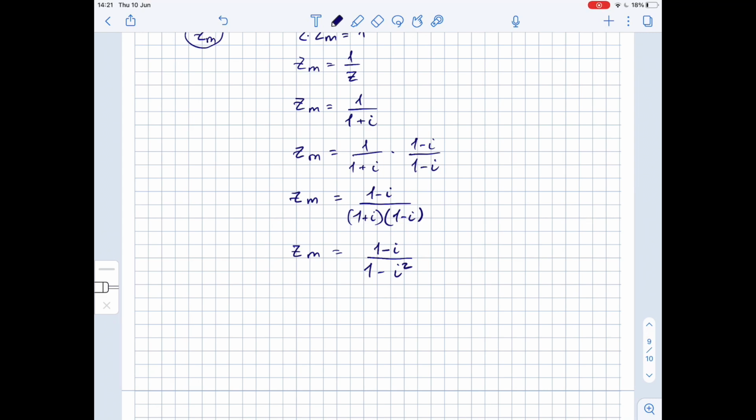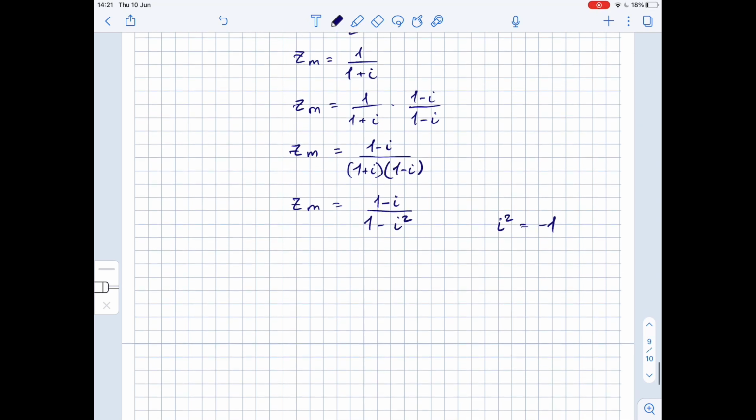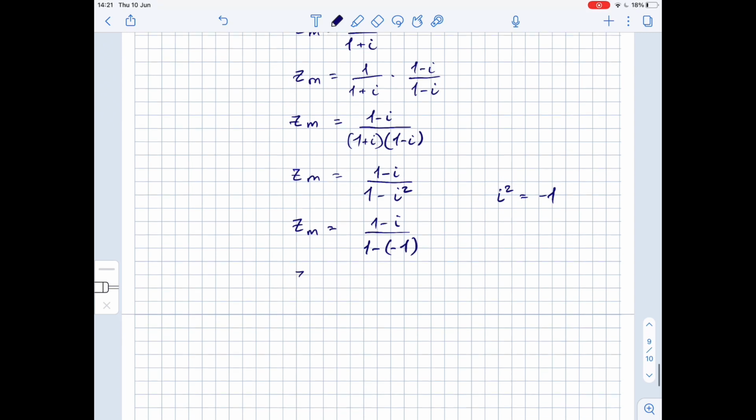And we know that i squared is equal to negative 1. So we can substitute negative 1 for i squared, and we will get that z^-1 equals 1 minus i over 1 minus negative 1. So that means that z^-1 equals 1 minus i over 2.